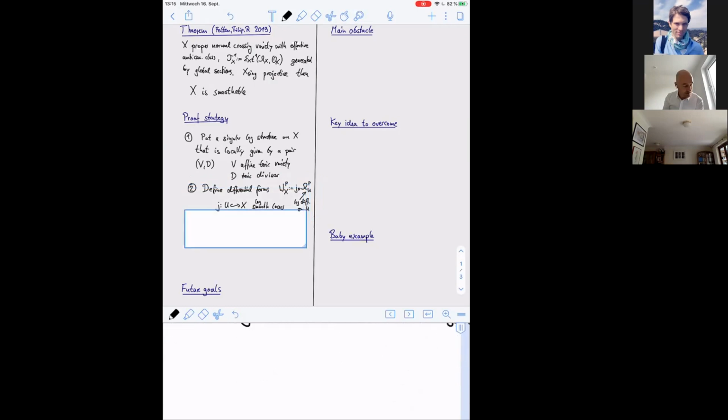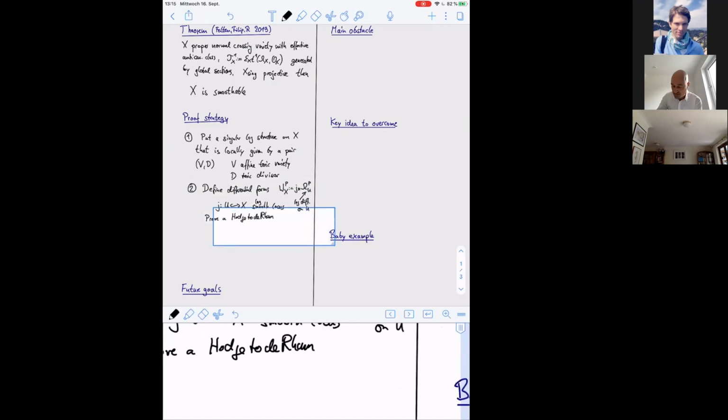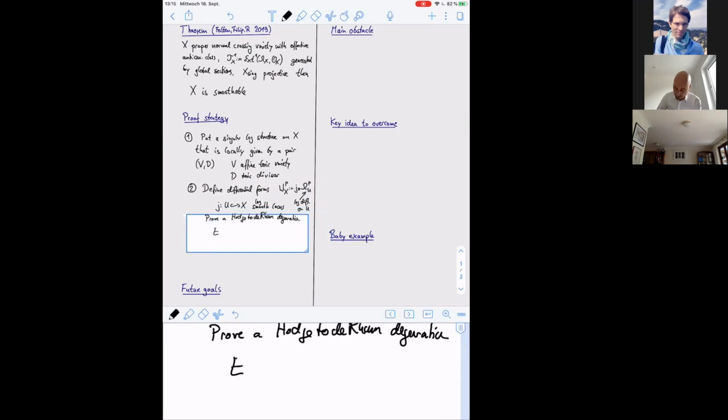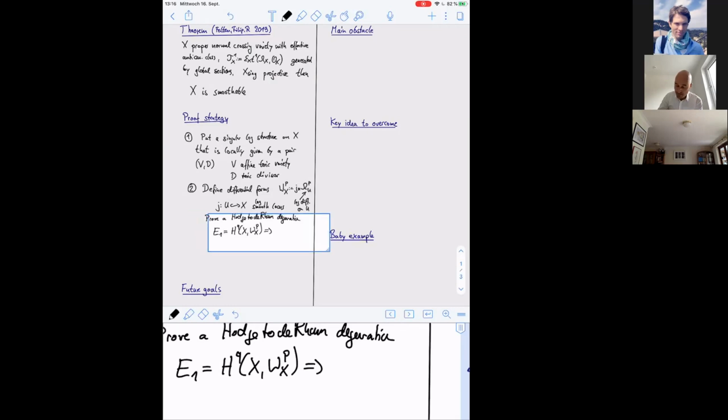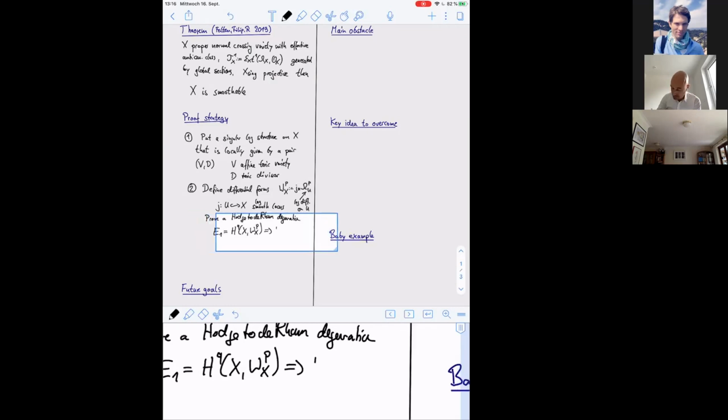And then you want to prove that there's a Hodge-to-de Rham degeneration. That's the main part of the step. That means there's this usual Hodge theory spectral sequence where the E1 term looks like you have the usual Hodge groups, H^{p,q}, and then as a spectral sequence, it degenerates to the hypercohomology H^{p+q} of the space with the complex.